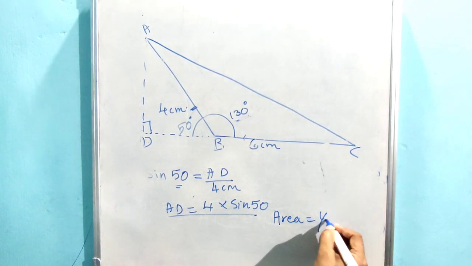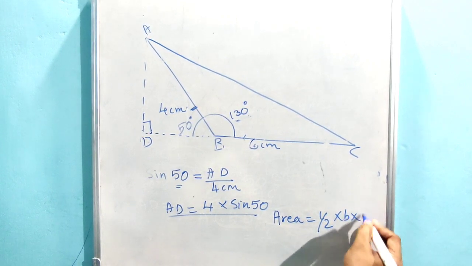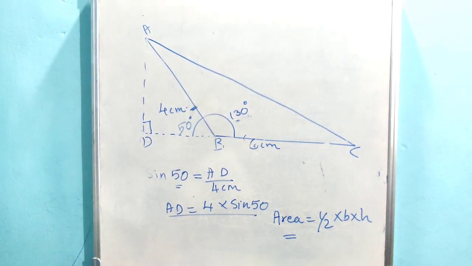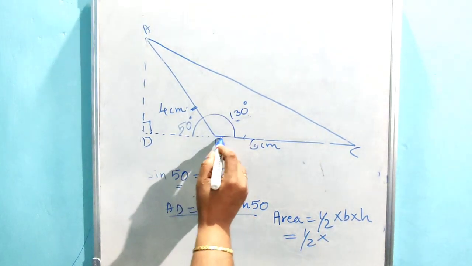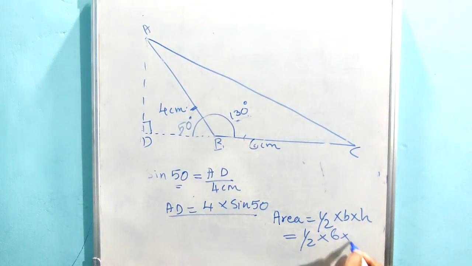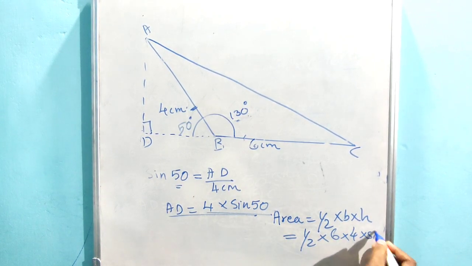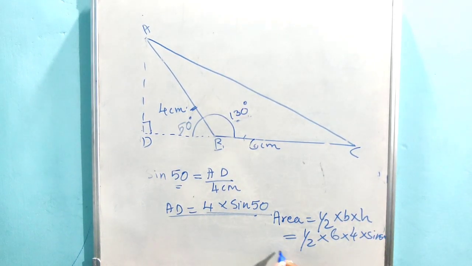Area is equal to half BH. Here the base B is 6 centimeter and H is 4 into sine 50.